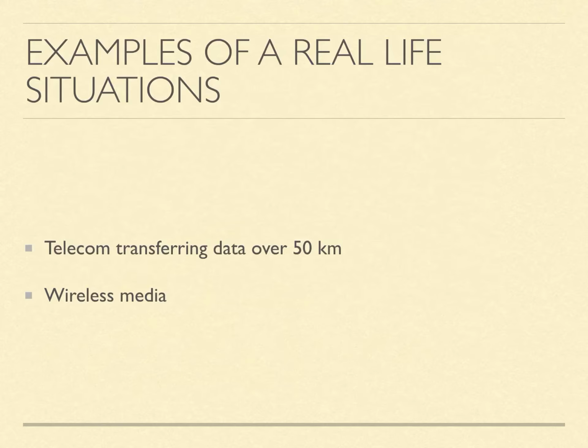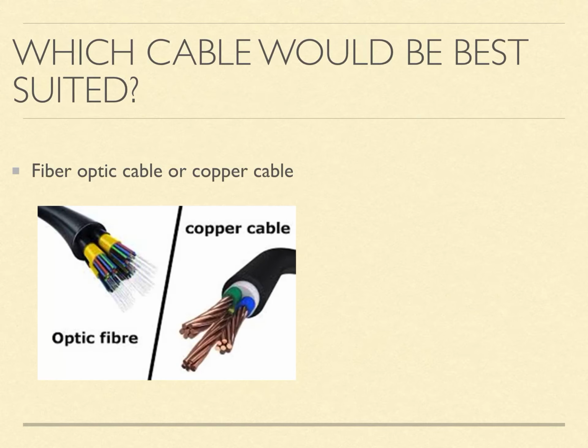Outstanding. Interesting. Yes, now to just conclude, examples of a real life situation. I'm going to be looking at telecom transferring data over 50 kilometers, for instance. And then just a quick brush over the wireless media.